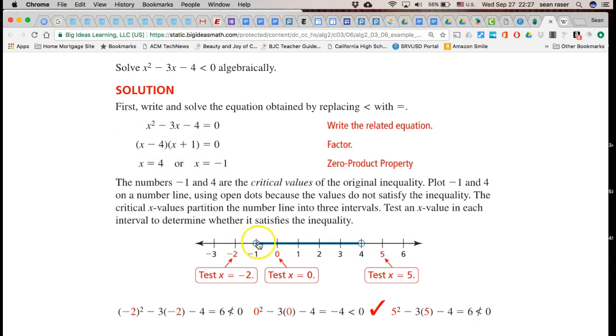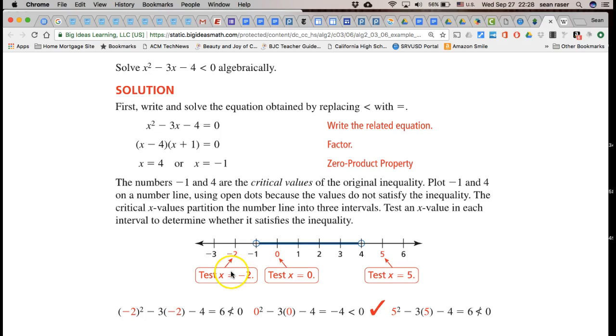If plugging that value in makes a true statement, then you know that region is part of your solution. If it makes a false statement, then that region is not part of your solution.